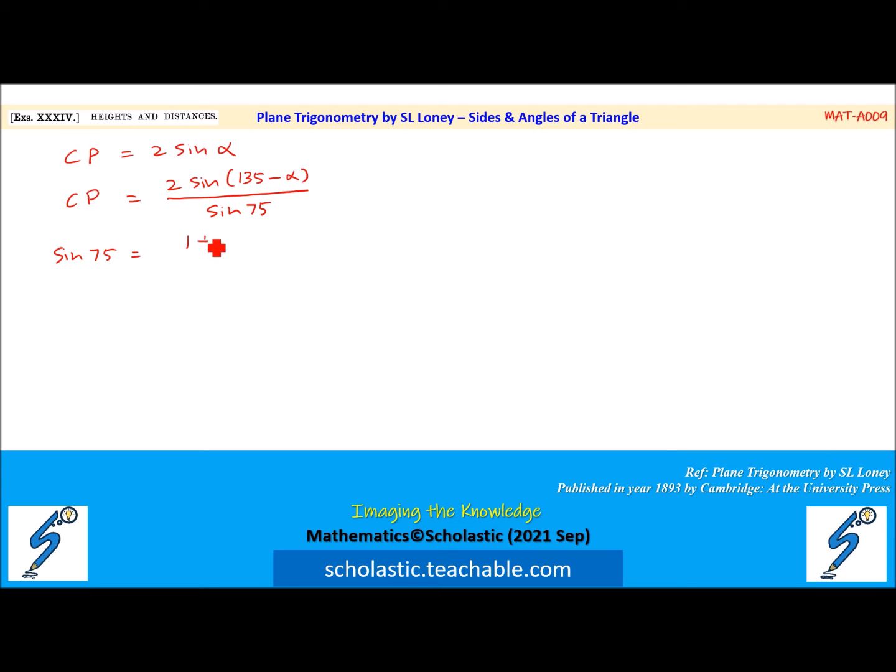So we have equation 1, this one, equation 2, and equation 3.